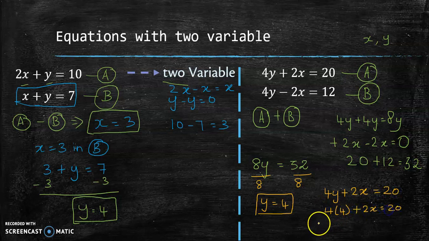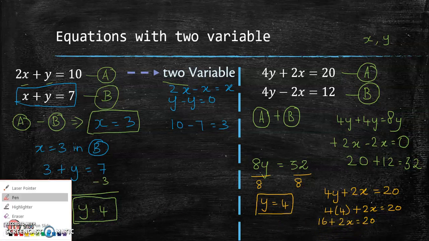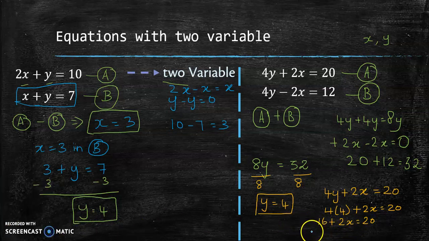So we get 16 plus 2x equals 20. What do you have near 2x? Plus 16, right? So we will do minus 16 on both sides. 16 minus 16 is 0. So you get 2x equals 20 minus 16, which is 4.